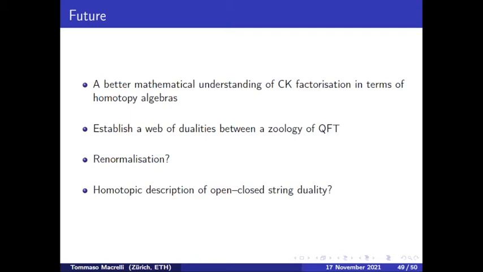And we want to give a more precise, more elegant description of this color-kinematic factorization in terms of homotopy algebra. Then we can use this Lagrangian approach to color-kinematic duality and double copy to study a wide range of theories.